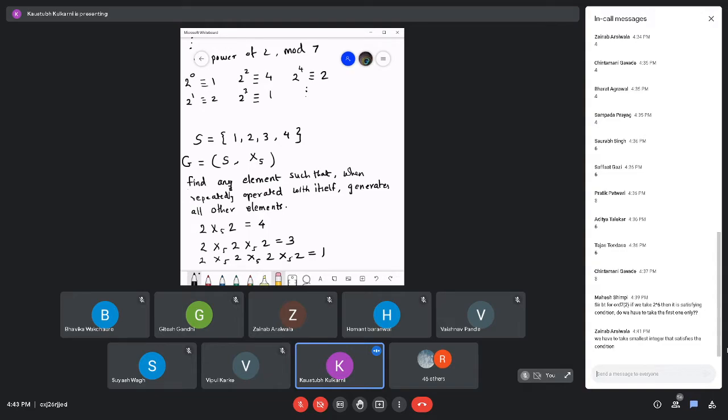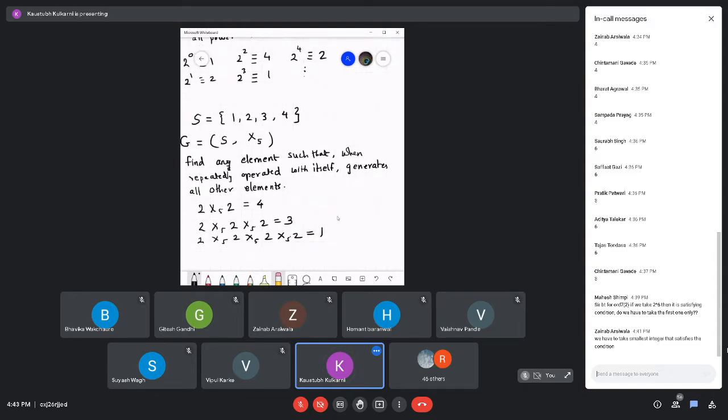This will give us 1. Operate it 5 times, it will give us 2. You can verify this.